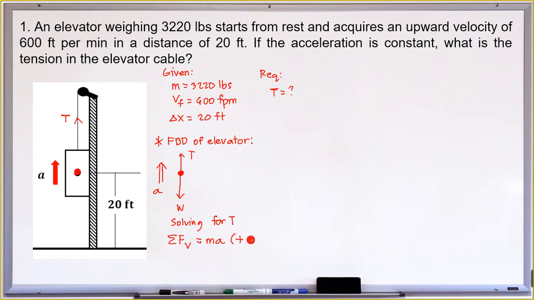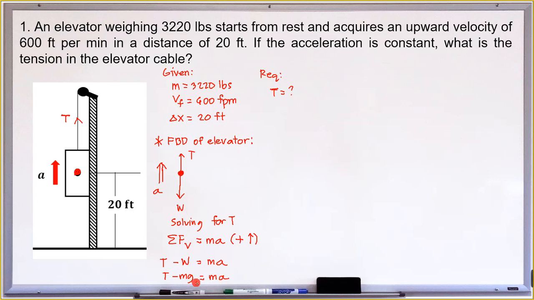Positive is along the direction of motion, so upward. The only upward force is tension, minus the weight, which has a minus sign because it is directed downward. Our weight can be expressed as mass times gravity. So tension minus mass times gravity equals mass times acceleration.